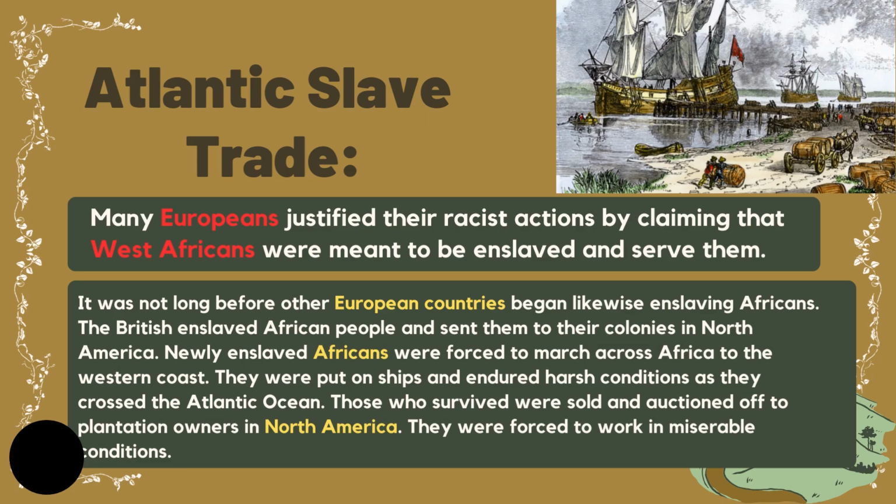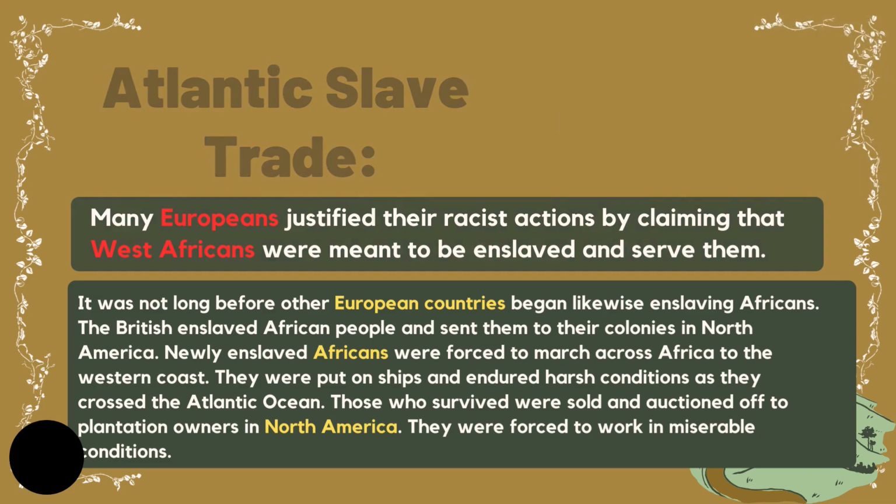Newly enslaved Africans were forced to march across Africa to the western coast. They were put on ships and endured harsh conditions as they crossed the Atlantic Ocean. Those who survived were sold and auctioned off to plantation owners in North America. They were forced to work in miserable conditions.